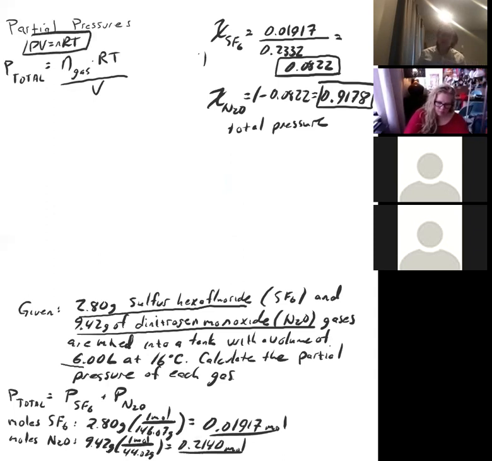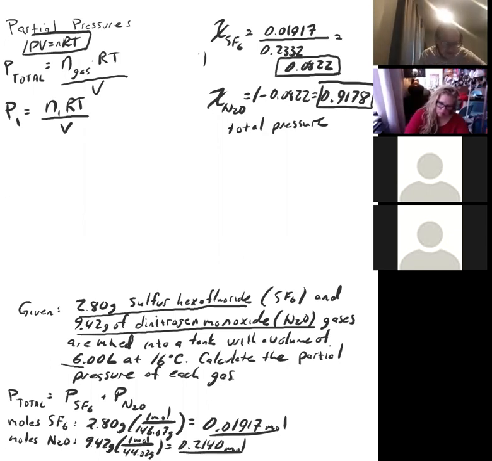So if I want to know what the total pressure is, I just take the moles of the gas times RT over V. However, I could also do this. The pressure of each gas is the moles of that individual gas times RT over V. That works too.